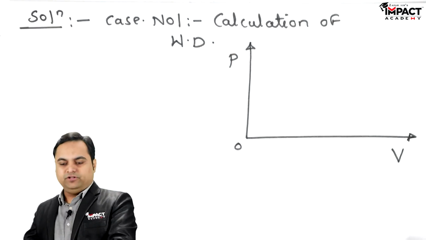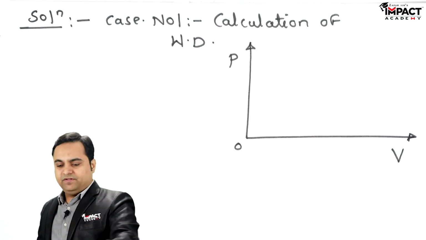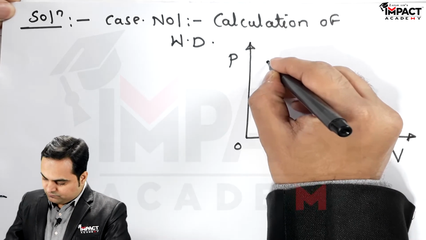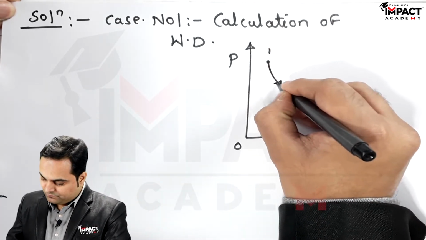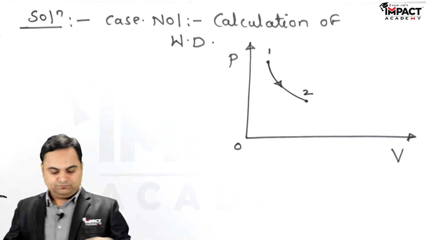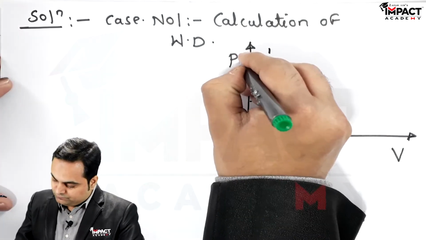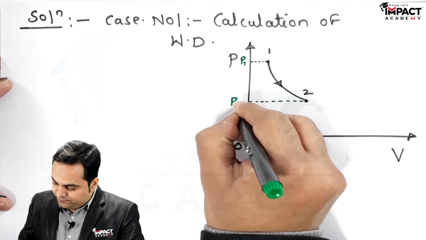So here I'll be drawing the PV diagram, and as we can see, at first it is isentropic expansion. So this is state 1 and here is state 2. At state 1 the pressure is P1, at state 2 it is P2.